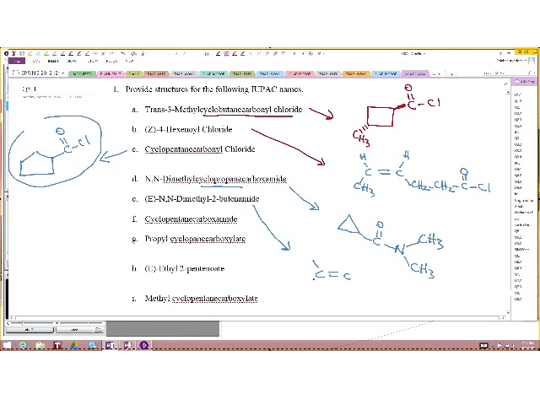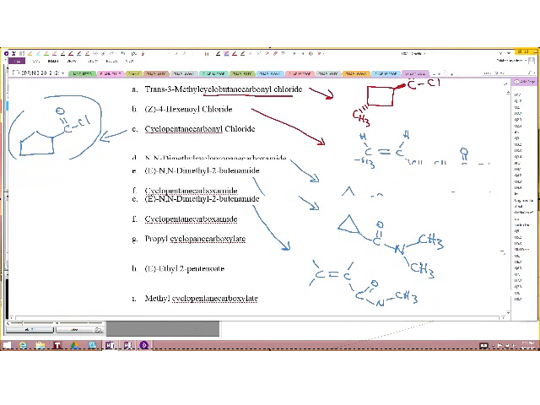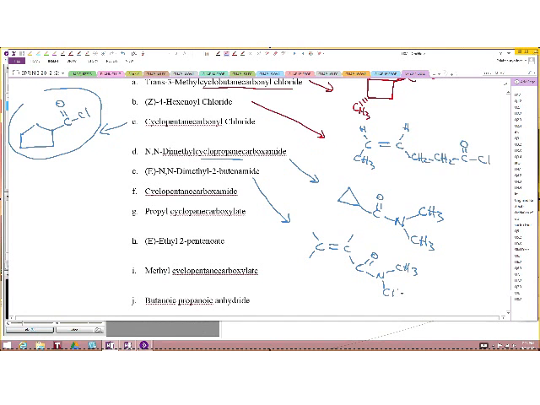And it says E. We have an amide, so that means we have this here, N,N-dimethyl. This is position 1, 2, 3, and since we are talking about E, that means this must be here, and the hydrogens will be trans to each other.